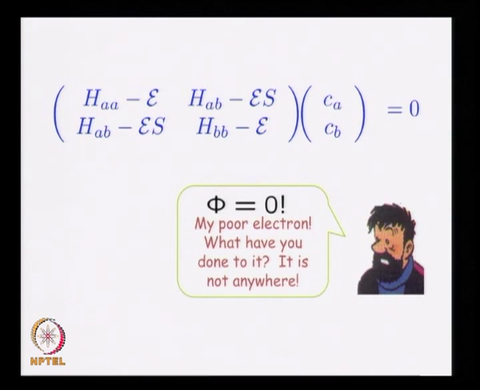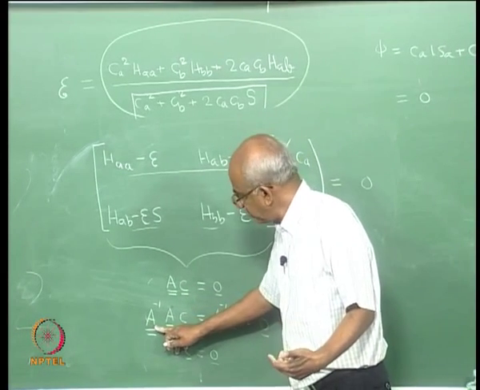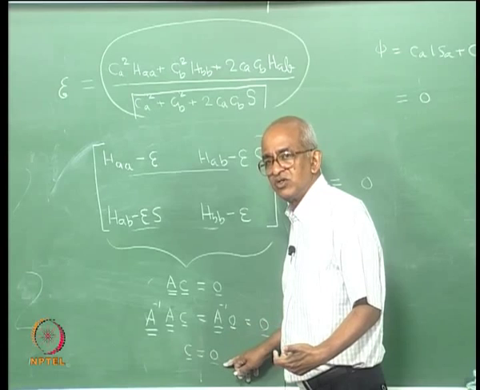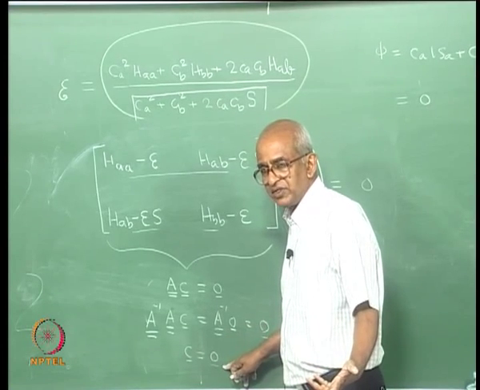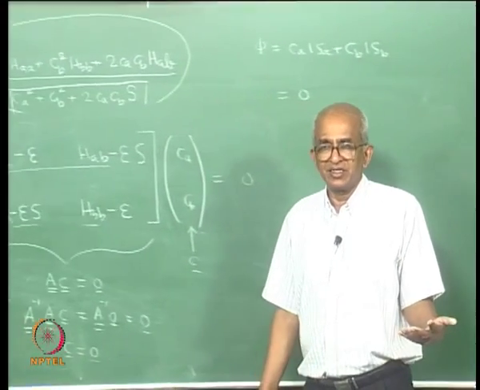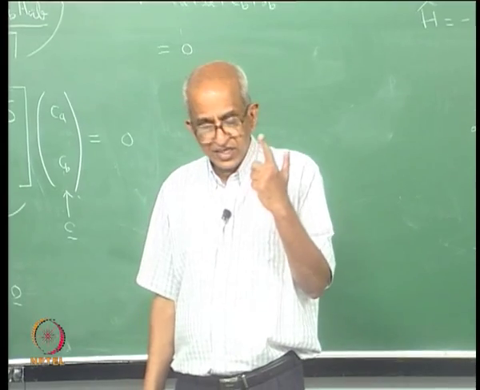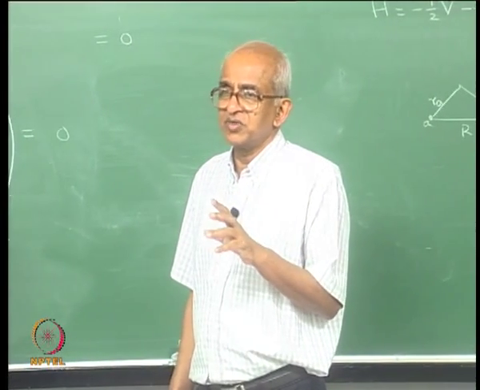So, what is wrong with this analysis? See, I have assumed that A has an inverse. Now, if A has an inverse, then definitely C must be equal to 0 by this argument. So, therefore, what is the conclusion? The matrix A must be such that it does not have an inverse. So, when is it that a matrix does not have an inverse? The answer is very simple.